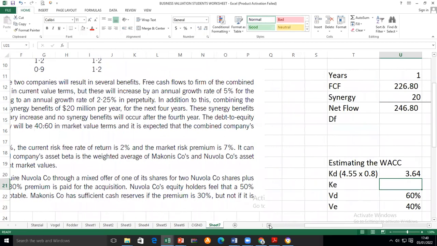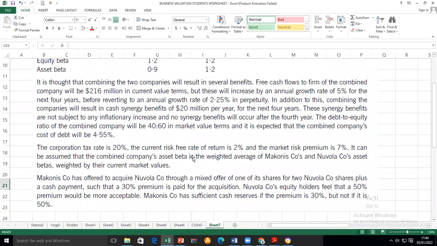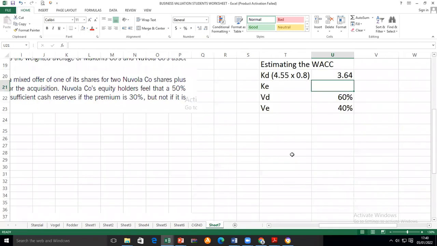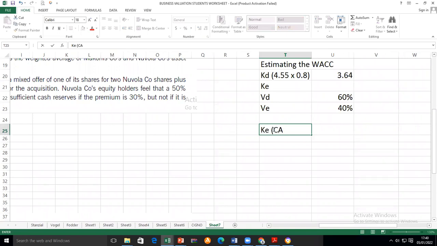Cost of equity, we even know that it's CAPM here. Why? Risk-free and the market risk premium. So you say you want to get the cost of equity, using CAPM.